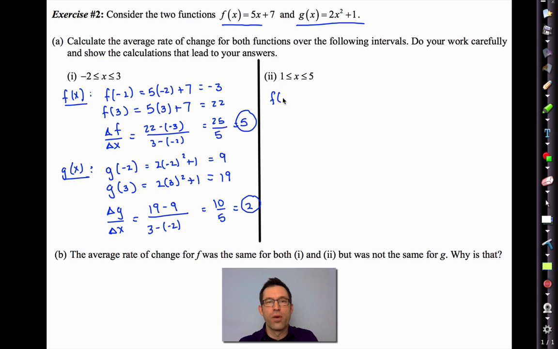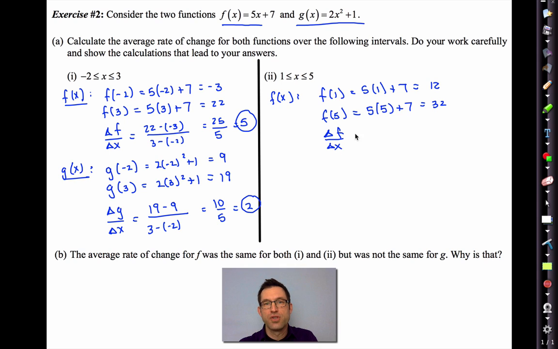Again, for f of x, we'll do f of 1. 5 times 1 plus 7 gives me 12. f of 5: 5 times 5 plus 7, 25 plus 7 gives me 32. Change in f divided by change in x: 32 minus 12 divided by 5 minus 1 gives me 20 divided by 4 gives me 5.